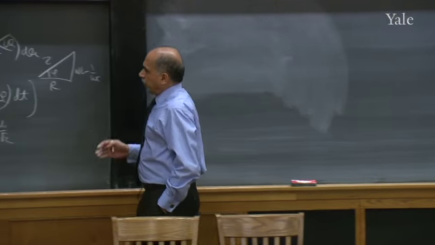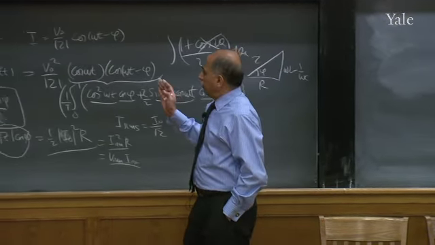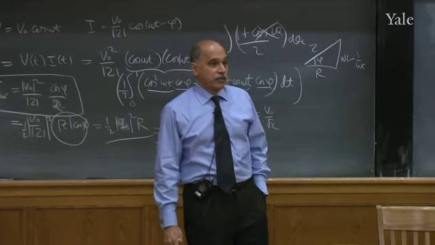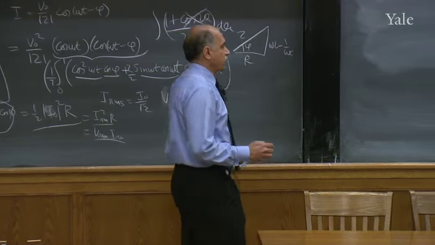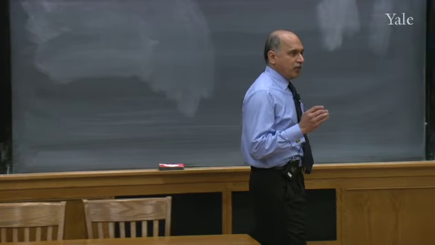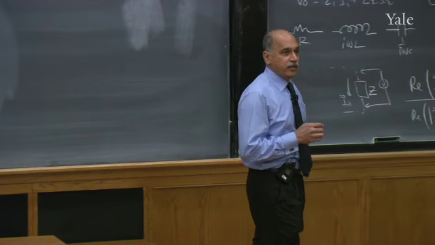Now, there is a way to get the power using the complex numbers, if you like, but I'm going to assign that as a homework problem rather than do it here. But I want you to think about why it fails here.